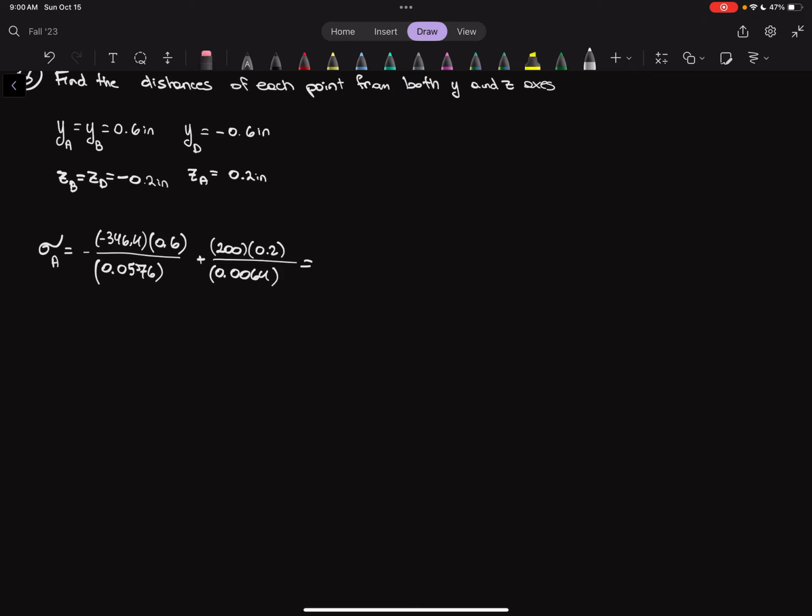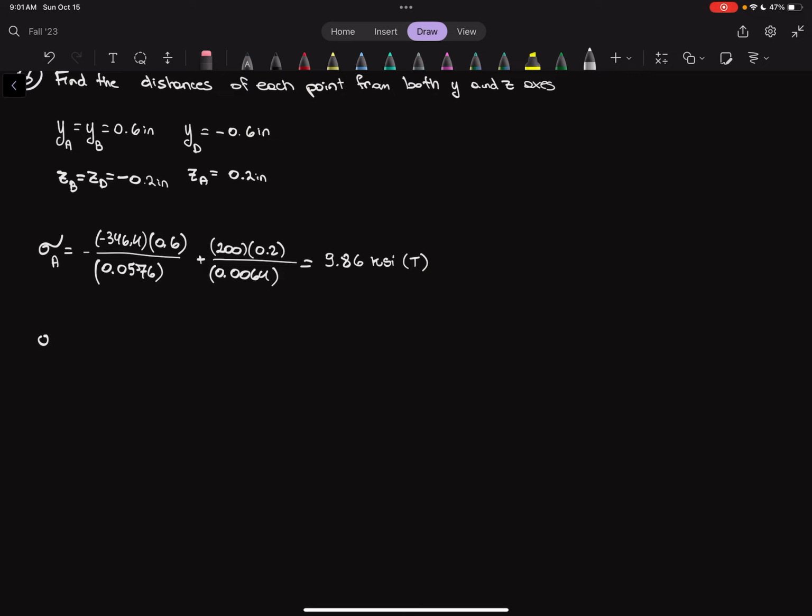Well, it's 346.4 times 0.6 divided by 0.0576 plus 200 times 0.2 divided by 0.0064. And so what we get is 9.86 KSI. And since it's positive, it's going to be in tension.